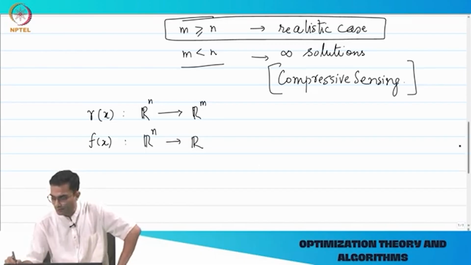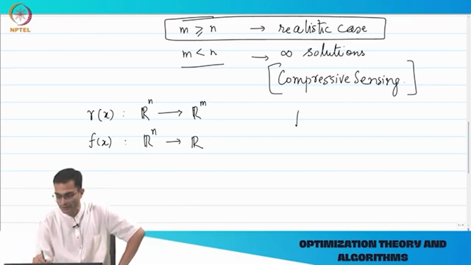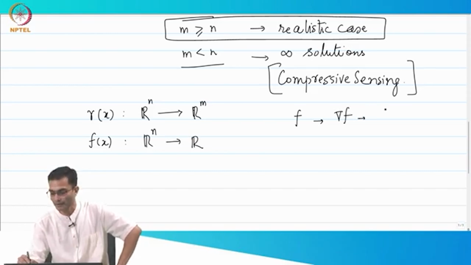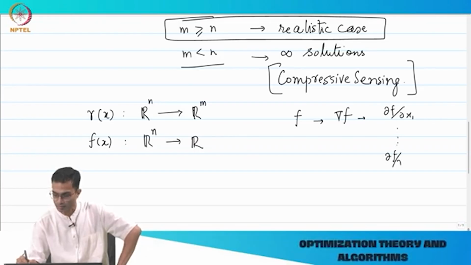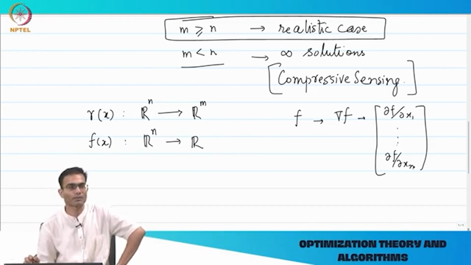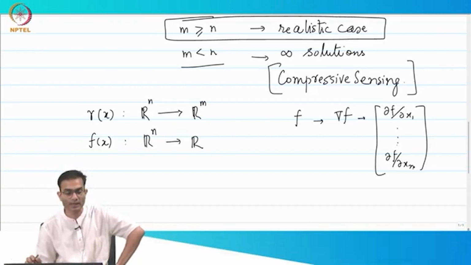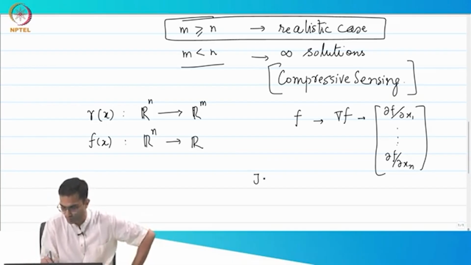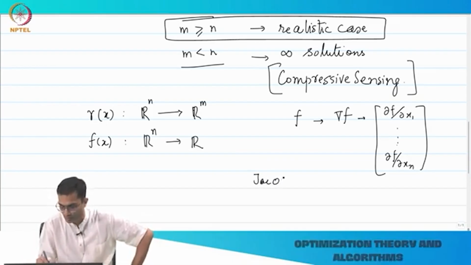So remember, if I give you a function f and I ask for grad f, it was a column vector like this. Everyone remembers this. But when I gave you a function like r, which is R^n to R^m, how did we write the Jacobian of r?